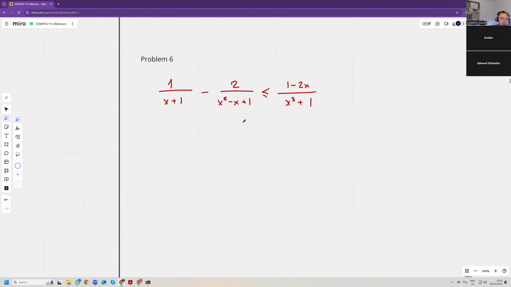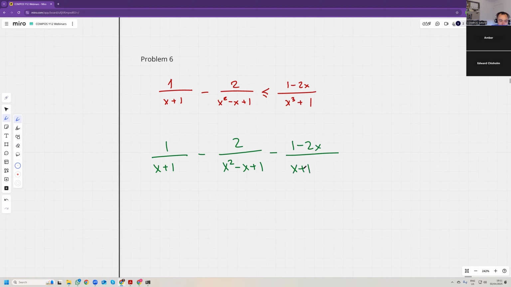Now this question, you can solve it using the method of intervals. So we just put everything to one side and we factorize the denominators. So it's 1 over x plus 1, minus 2. This is not factorizable, so we can keep it as it is, plus 1 minus 1 minus 2x divided by x cubed plus 1.